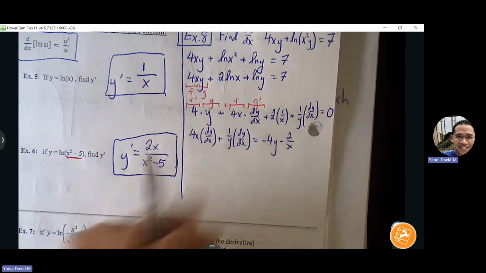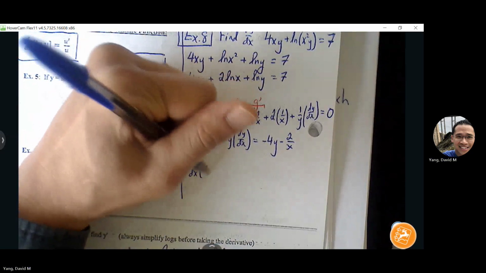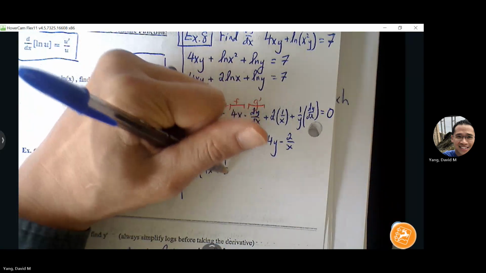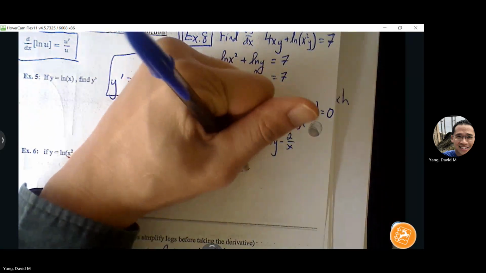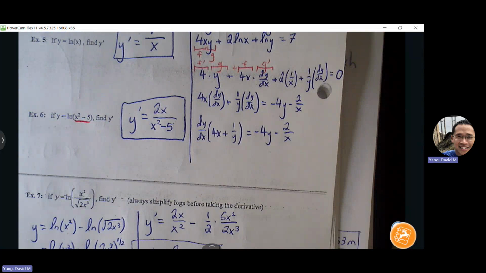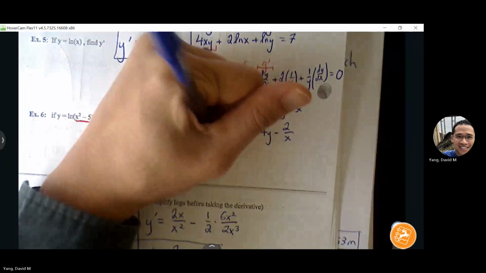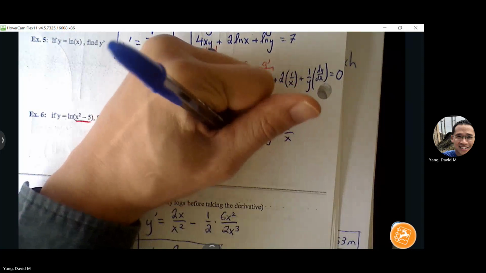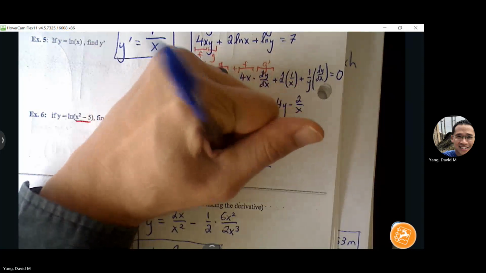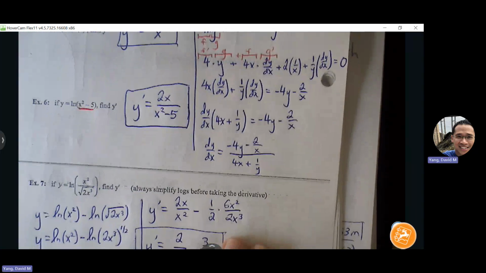Let's factor out the dy dx. Divide both sides by the parentheses. We can leave our answer like this. That's fine.